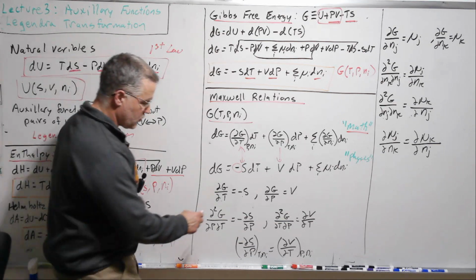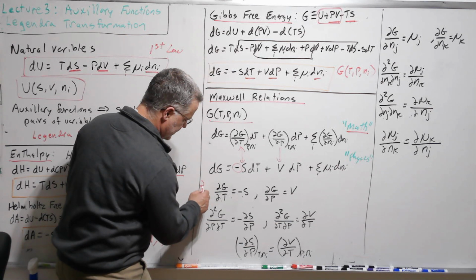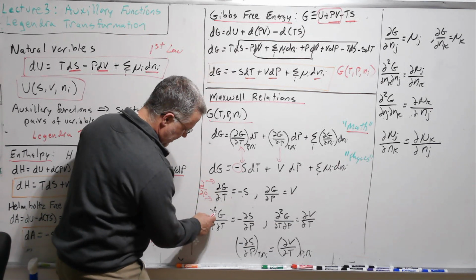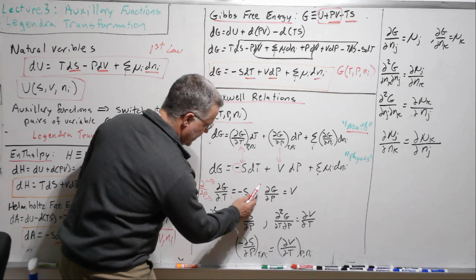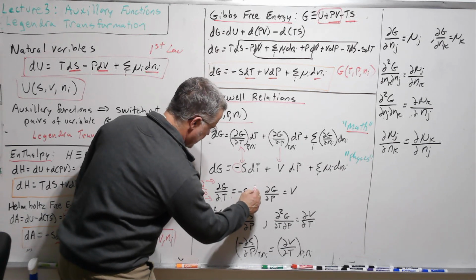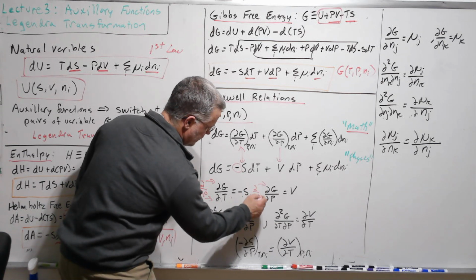Now what we do is we crisscross our derivatives. So on this equation, I'm going to take d/dP through this whole equation, and I'm going to get the second derivative of G with respect to T and then P. And then over here, I'm going to take this one, d/dT, and go through this equation.